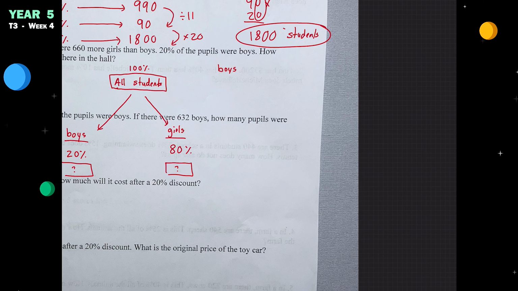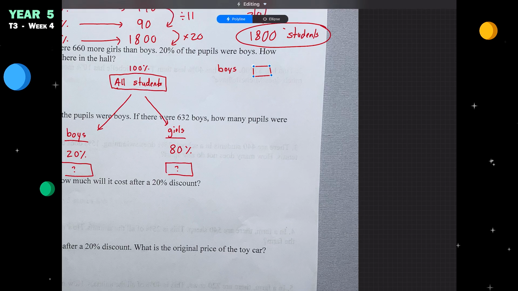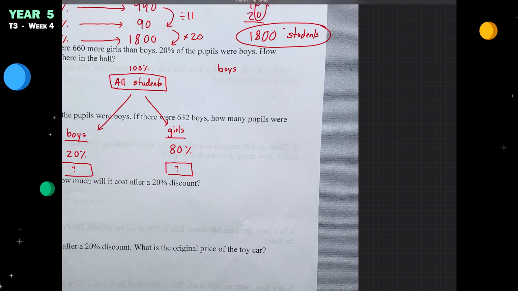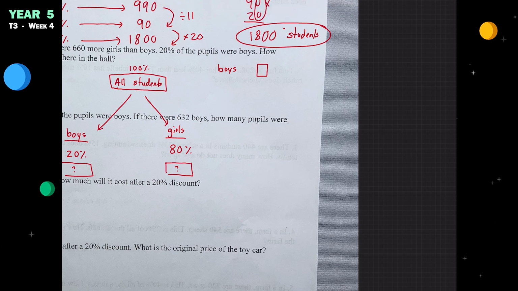So imagine the boys is this much here. Hopefully this one will look better. Okay. So that's the boys, and now for the girls, it will look like this.